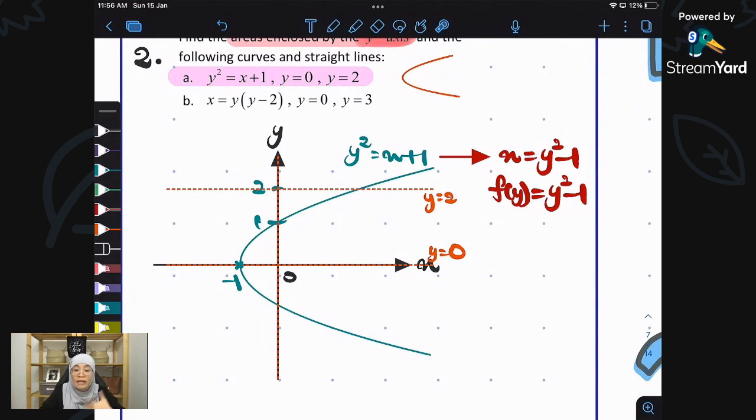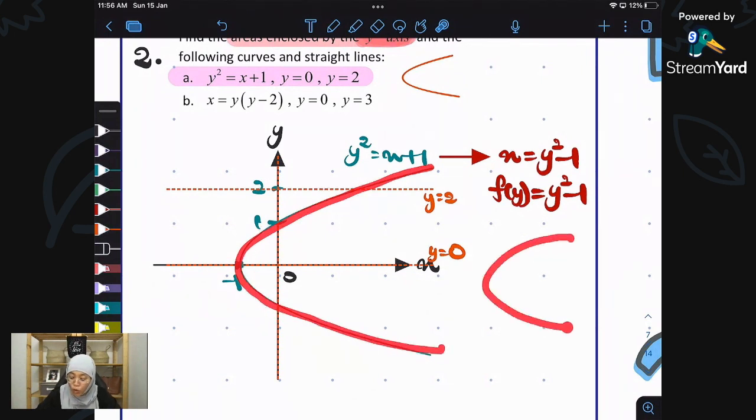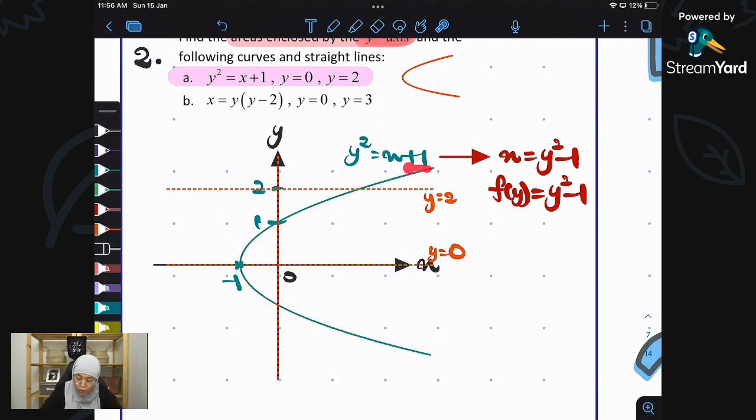Nanti you pelan-pelan belajar sendiri how to draw this basic shape. It is not that hard. It is just the bentuk C and the origin shifted by 1 unit to the left. That's it. Okay, and then you tinggal cari the y intercept and also the line.